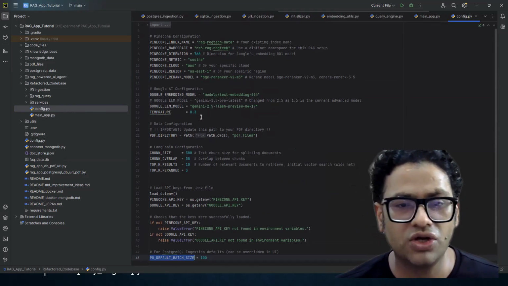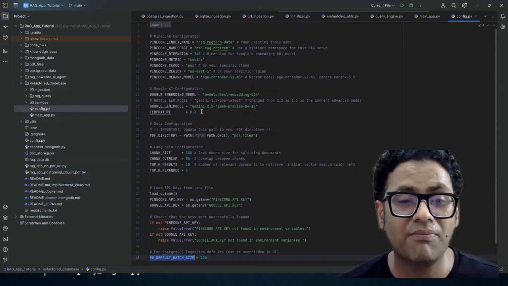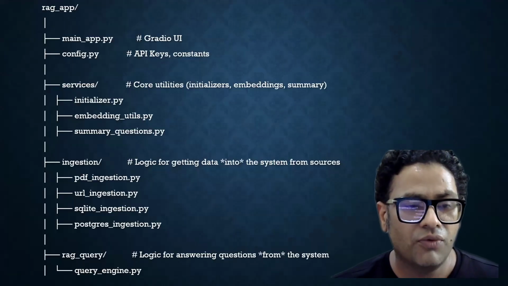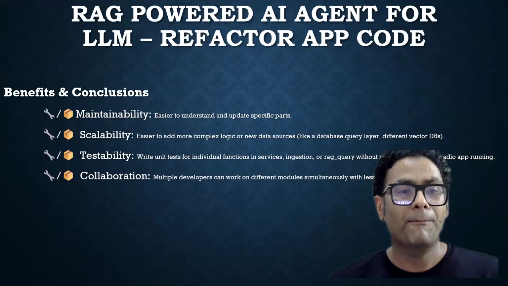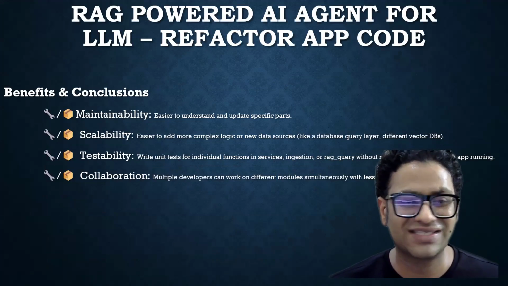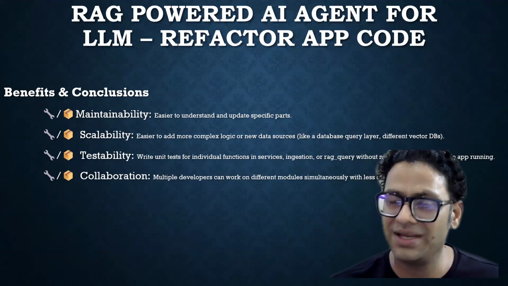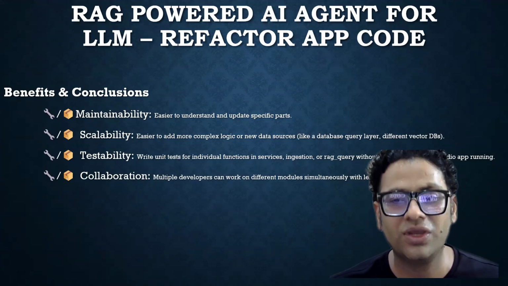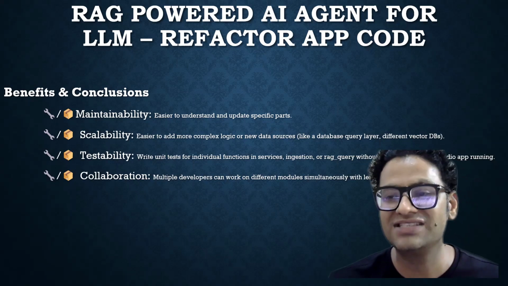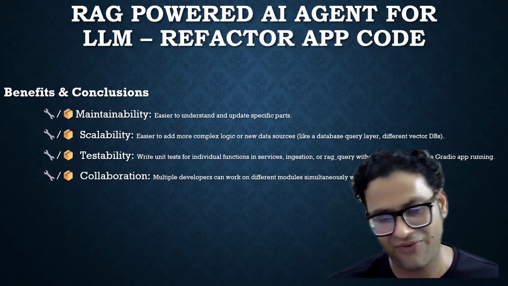So this is giving us the complete modularization of our code. And whenever we want to change something, this will help with maintainability. This will increase the maintainability and scalability. If we want to scale our code, we can easily do that. Testability will also be increased because we will know which piece of code we are changing, and we can have very comprehensive testing around that individual file, right?